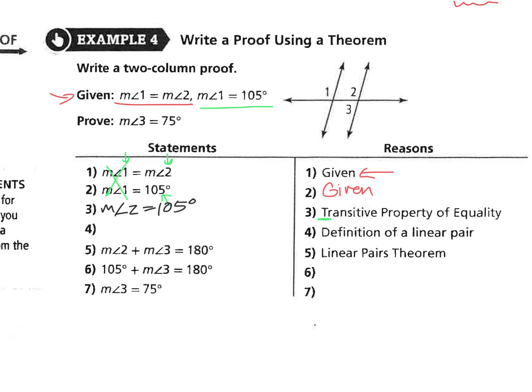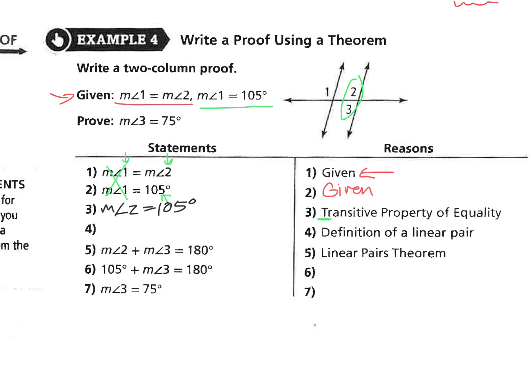Now we see this definition of linear pair. We have to get an idea of what it is we're trying to do. So we're trying to get angle 3 equal to 75. So a linear pair: if we go back to the definition of a linear pair, those are two angles that are adjacent and sit on the same line. In this case, if we look up here, that's angles 2 and 3.